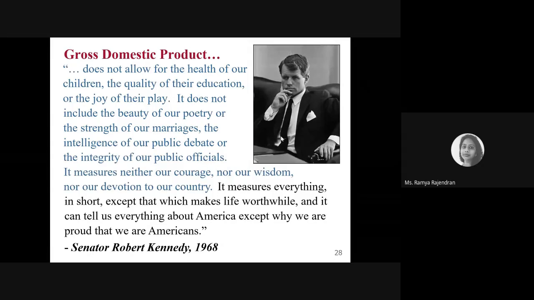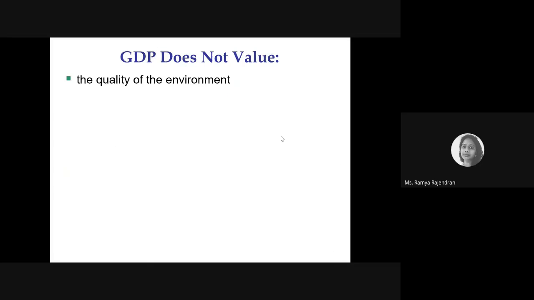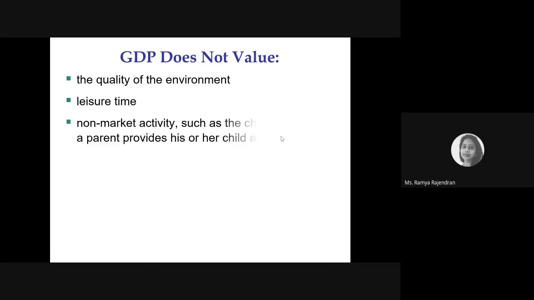Quality of education is very important, health of the kids, the strength of marriages. That is actually the base of all family values, on which everything is built, right? So a lot of things you can't measure with GDP, but still it is the only reliable thing that we have right now.